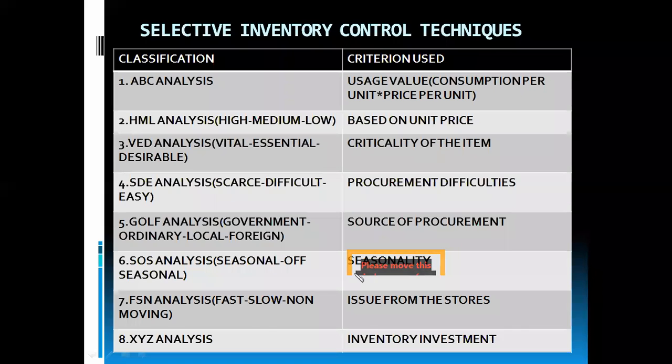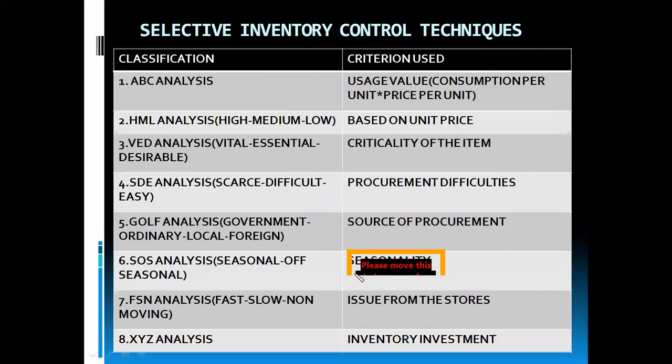GOLD, that criterion is based on the supplier or the source of procurement. Government, non-governmental, ordinary, local, foreign. So we need to exercise more control over government and foreign, medium control over ordinary or local, like that.